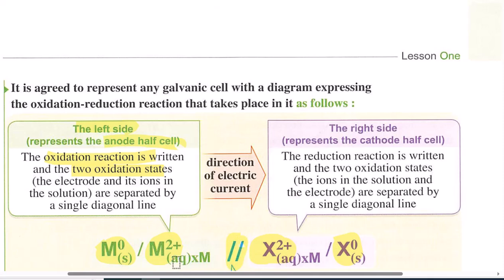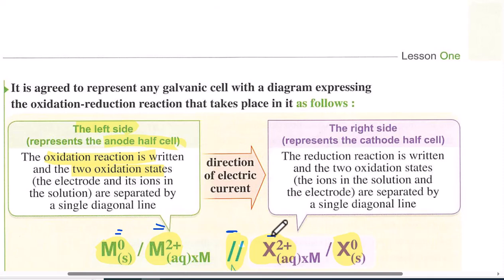So how can we write the diagram of the galvanic cell? The anode first, then the cathode. Between them is the salt bridge. The anode and its two oxidation states, the lower oxidation state and the oxidized form, and the cathode, where it is reduced.